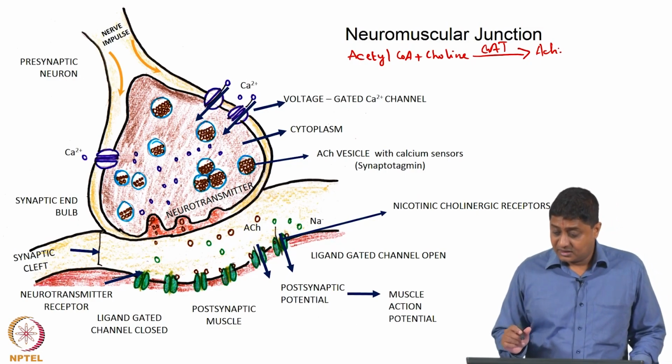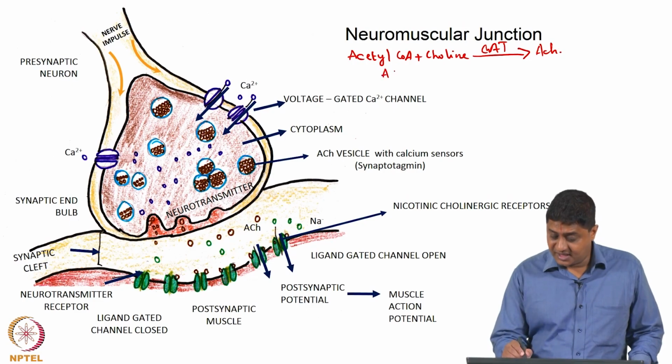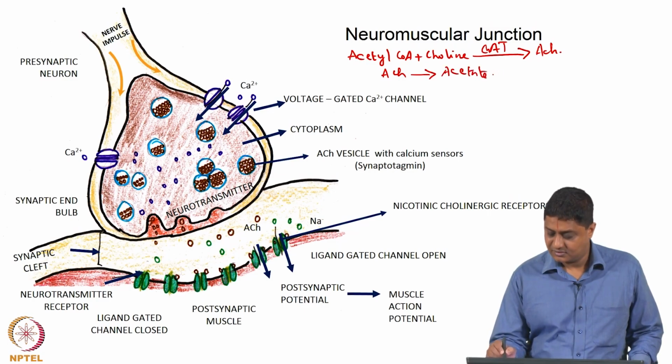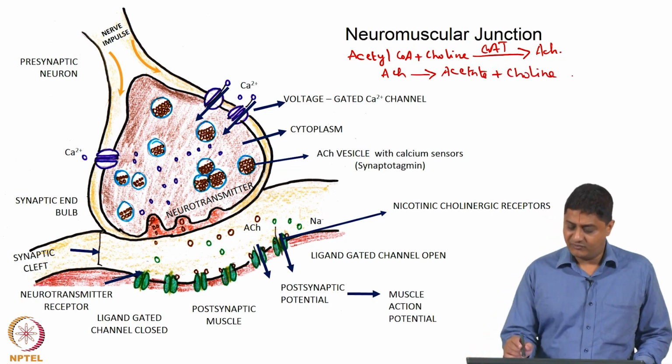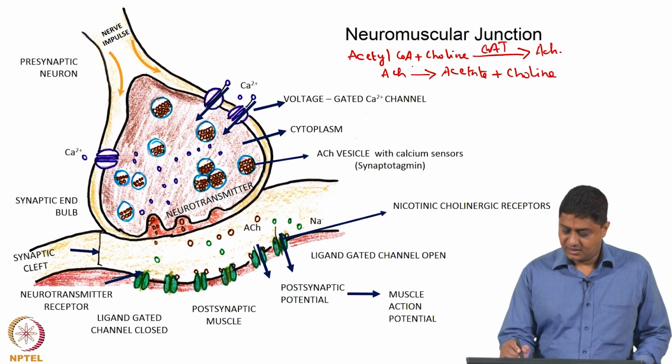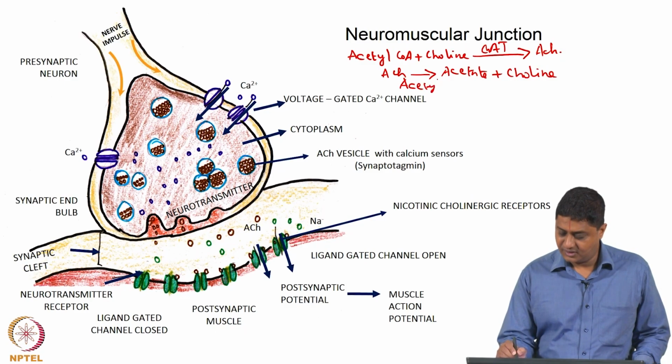Now acetylcholine itself is broken down into acetate plus choline by what are called esterases. In this particular case, that is acetylcholine esterase.